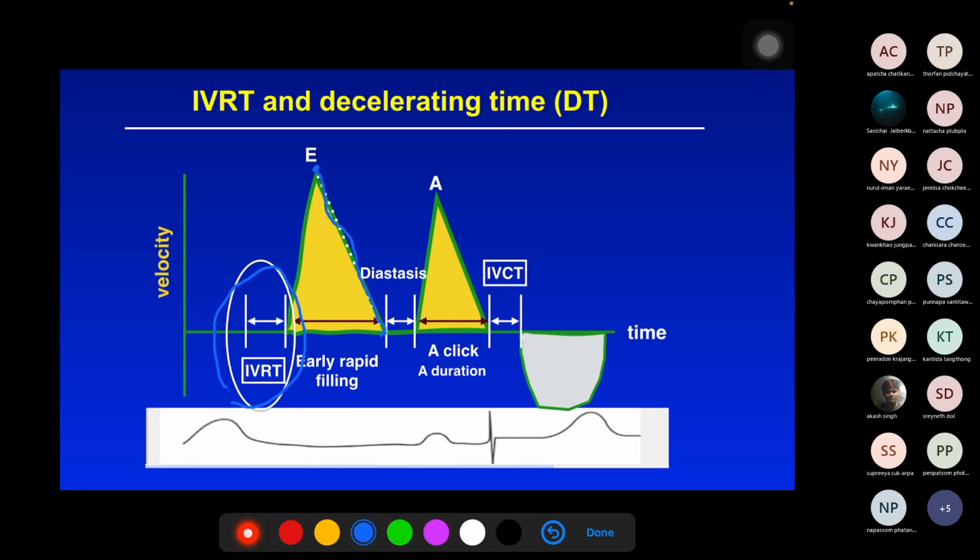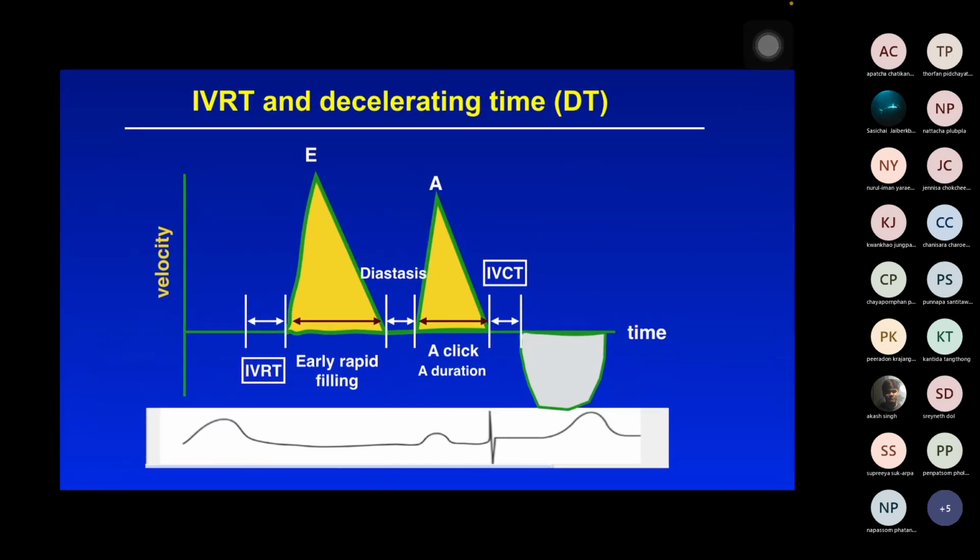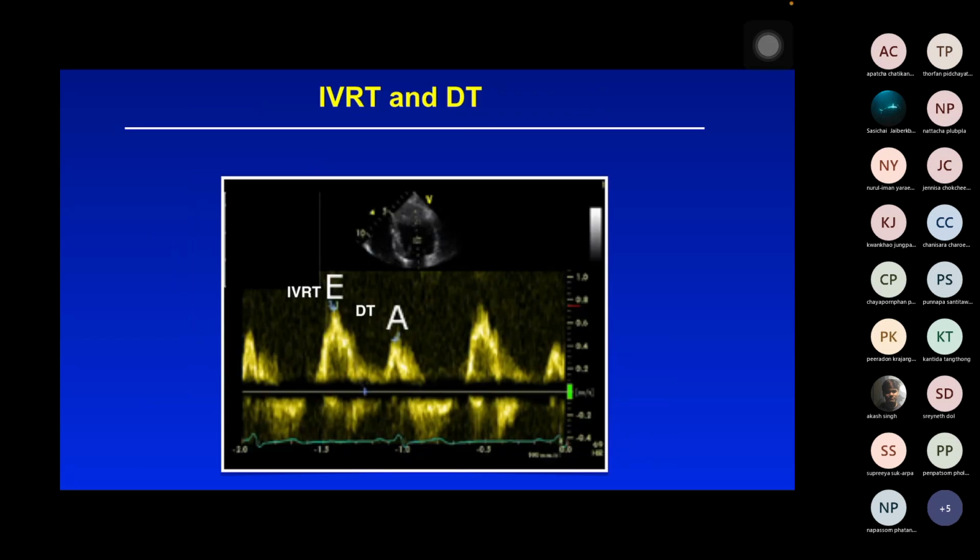The machine will auto calculate the decelerating time, and you will get the number from the screen. Okay, IVRT and decelerating time.